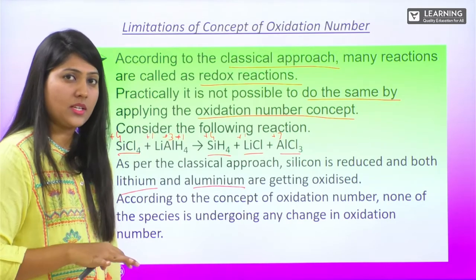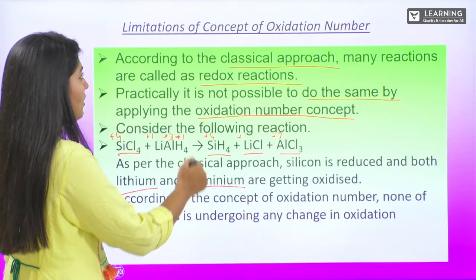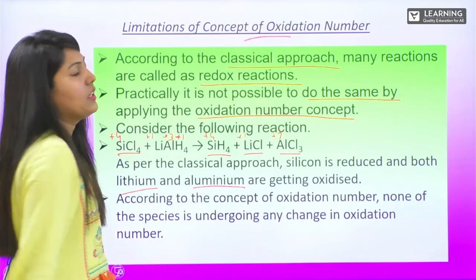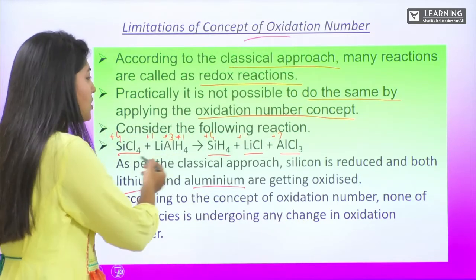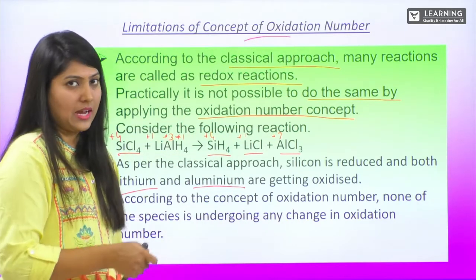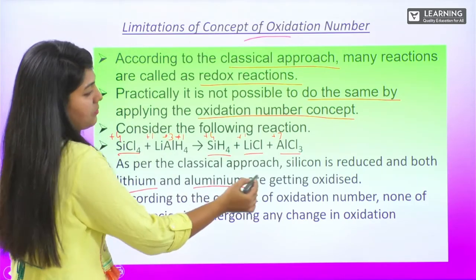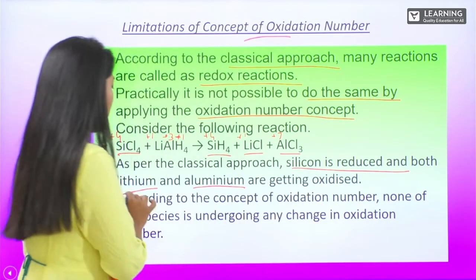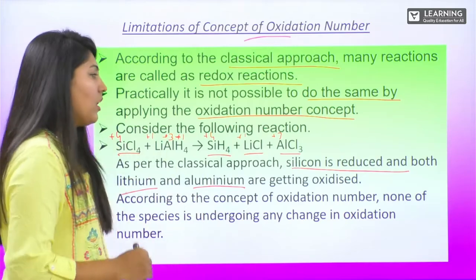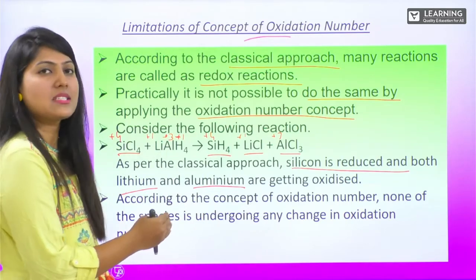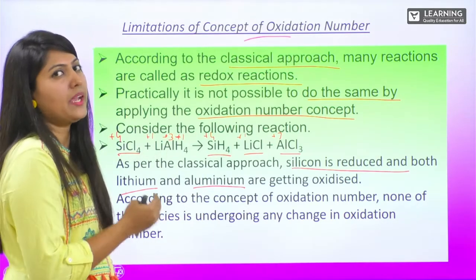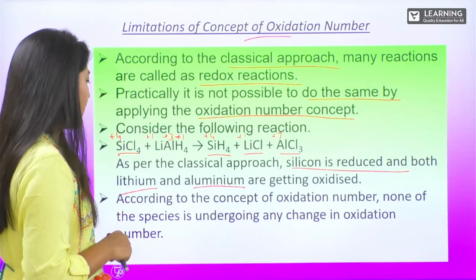So by the oxidation number method, we cannot solve all the redox reactions. Got it? Even though silicon has been reduced and lithium and aluminum have been oxidized, we cannot show this by the oxidation number method.